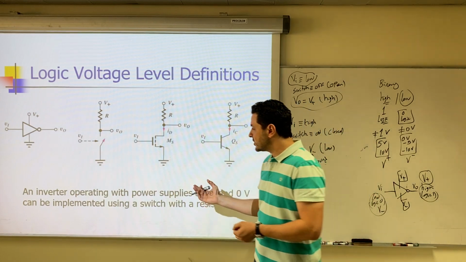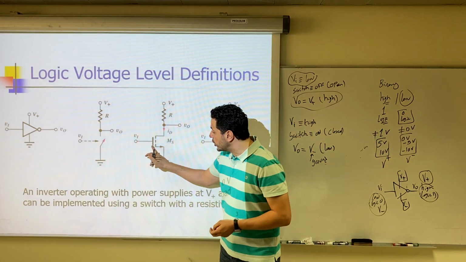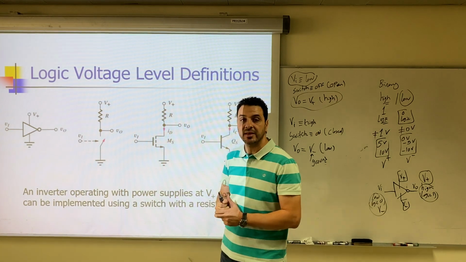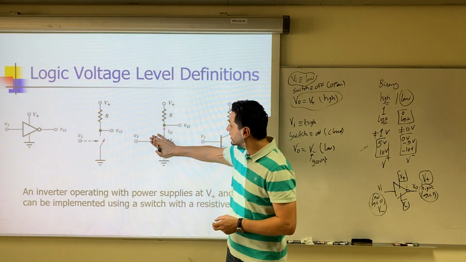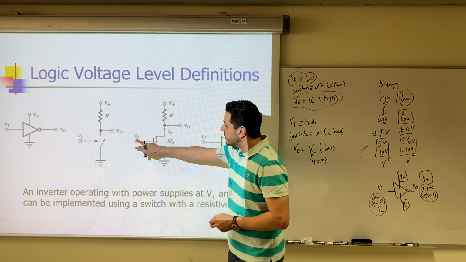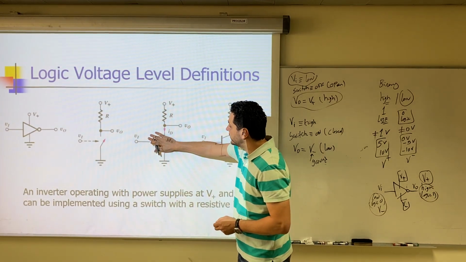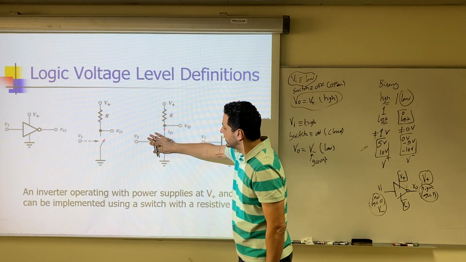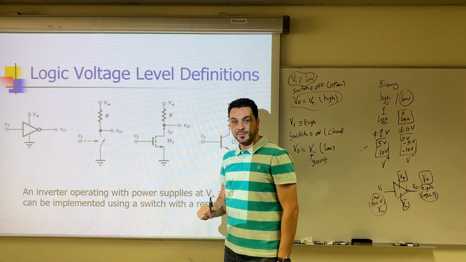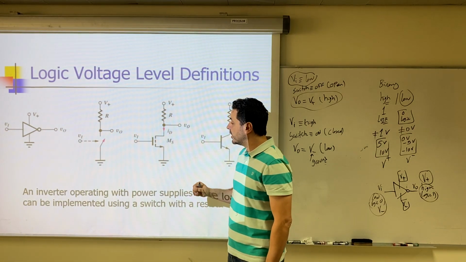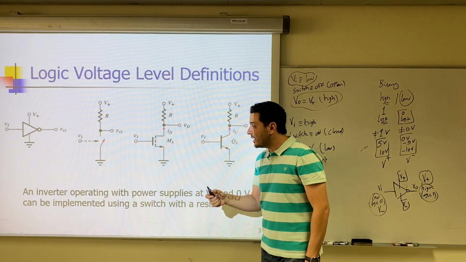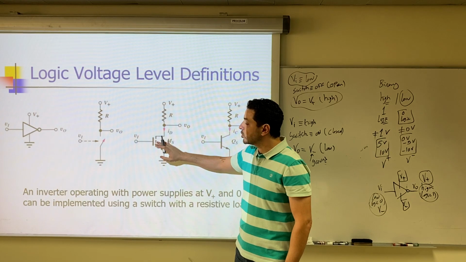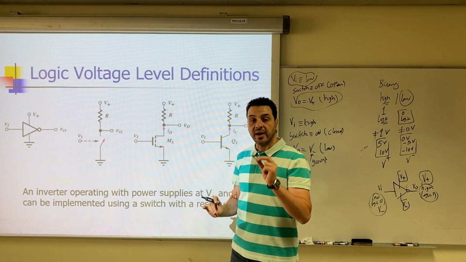If we implement it using a MOSFET, then when the input is low, it's not enough to make VGS greater than V threshold, then this transistor will be off. So when the input is low, this transistor will be off and the output will be equal to V plus, to the high level. When the input is high, this transistor will operate, and you can choose the resistance here so that when the transistor operates, it operates in the triode region.